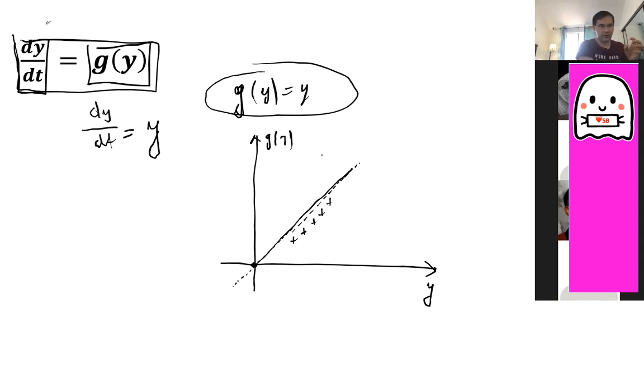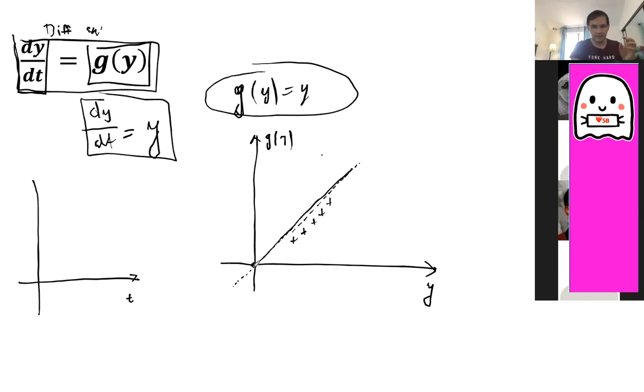So this is the differential equation, and I want to understand what this equation says and how the solutions look like. So I'm looking at all functions of t. This is the t-axis. Well, if the differential equation is this one, then first of all, I look at the equation g of y equals 0, or in other words, y equals 0.